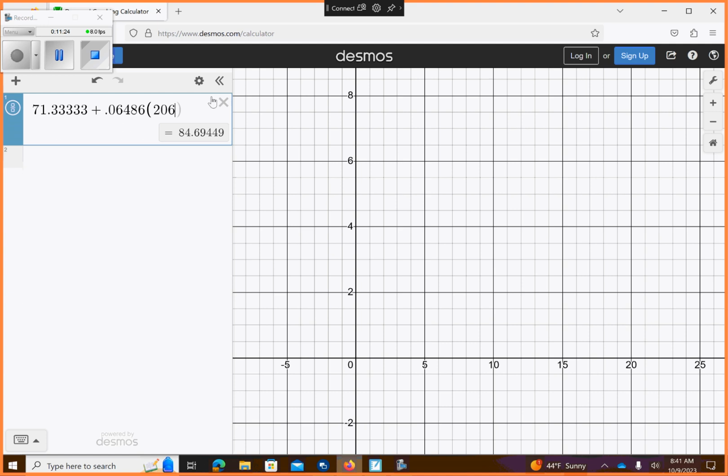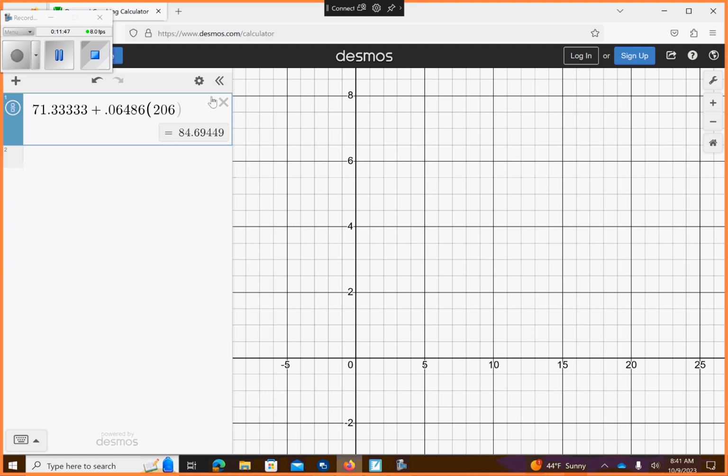Interpret the slope in the context of this problem. So your blood pressure increases 0.06 or 0.06486 for every one increase in cholesterol. We did that.